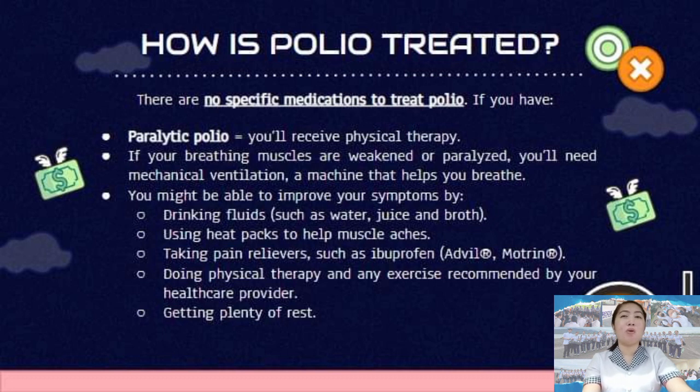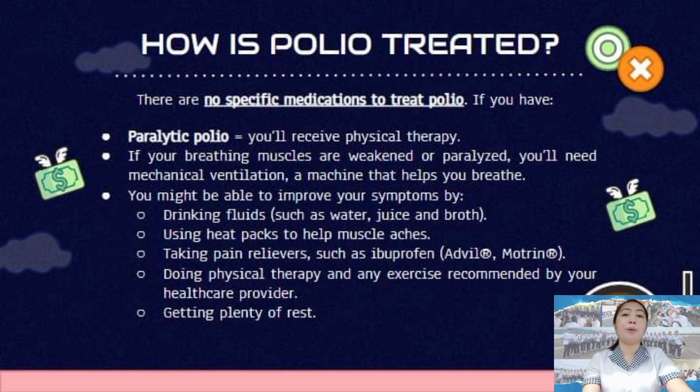And also, if your breathing muscles are weakened or paralyzed, you'll need mechanical ventilation, a machine that helps you breathe. Also drink fluids such as water, juice, and broth, use heat packs to help muscle aches, and take pain relievers such as ibuprofen, Advil, and Motrin.